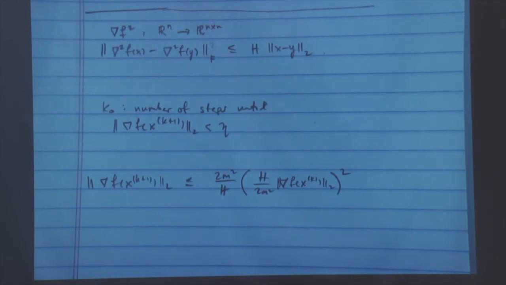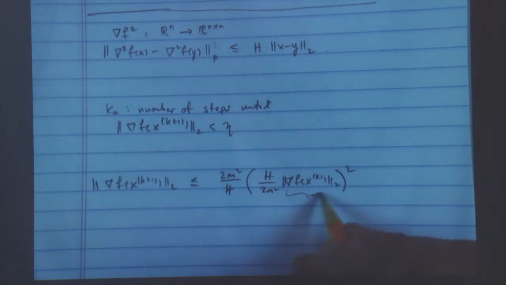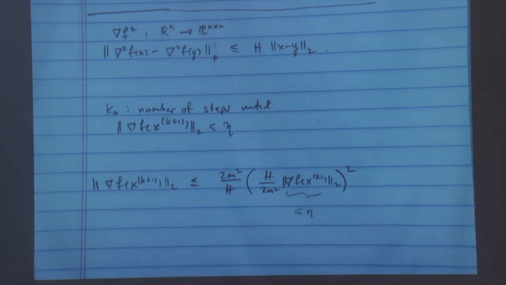So once we enter the pure phase, we know this is less than eta. That actually means that this whole thing is less than eta, right? Because this whole thing is less than or equal to, so we have this squared times this, so we only get one of those, h over 2m squared, times eta squared, right?